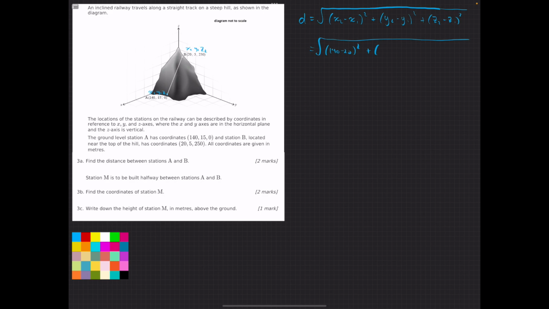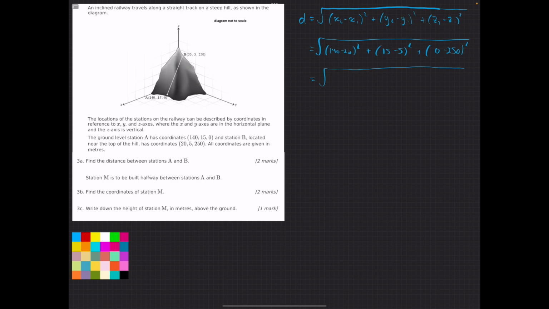I think I actually did it the other way around, but that's fine, as long as we're consistent. This is the idea. 15 minus 5 squared plus z2 minus z1, 0 minus 250 squared. Okay, and for this I think I'm going to need the calculator.